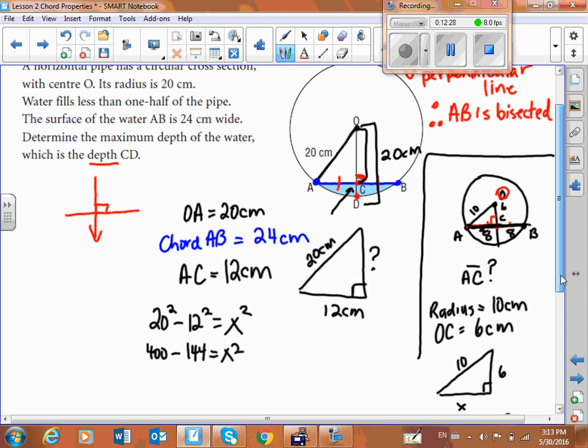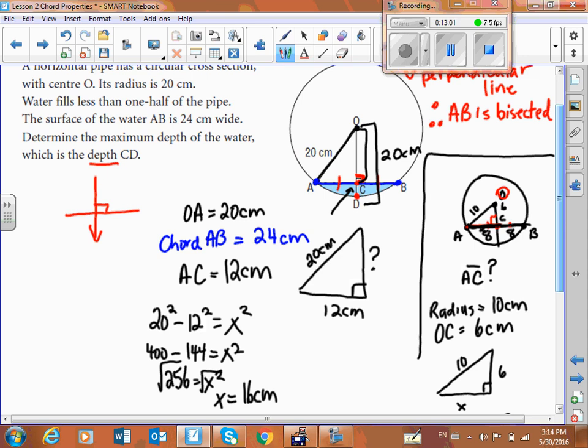Can give you 30 seconds to figure that out. Okay, 400, take 144, end up with 256 equals x squared. We can see how that is definitely not the answer. So we have to square root both sides first. So square root on both sides leaves me with that unknown being 16 centimeters.